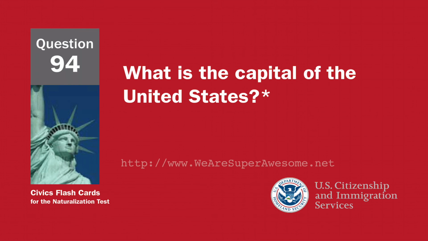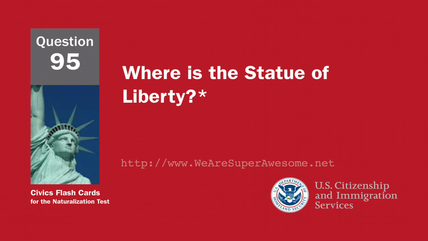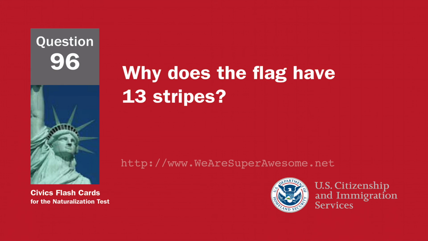What is the capital of the United States? Washington, D.C. Where is the Statue of Liberty? New York Harbor, Liberty Island. Also acceptable are New Jersey, near New York City, and on the Hudson River. Why does the flag have 13 stripes?